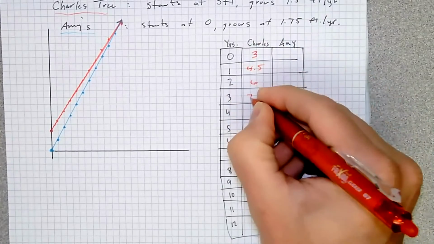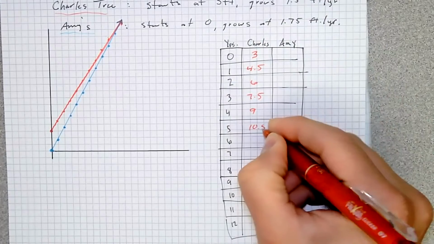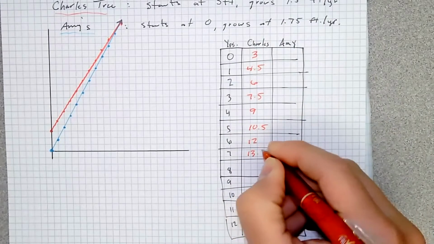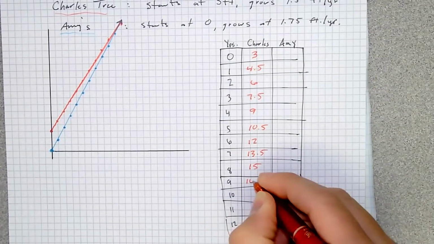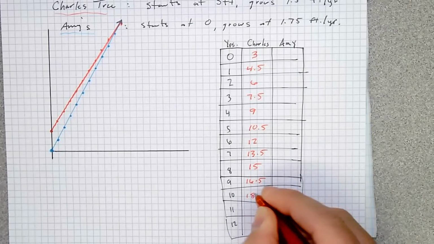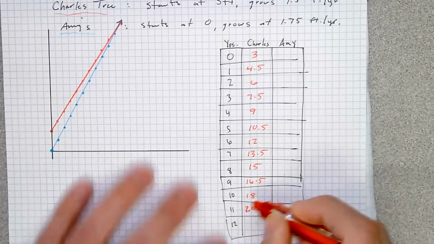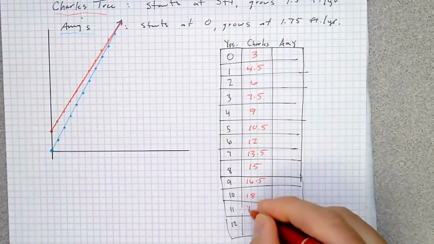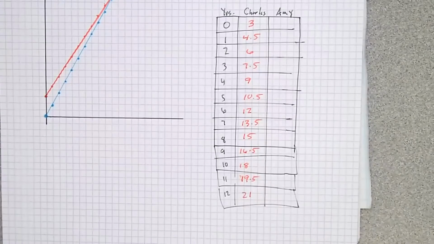Then we get 6, 7.5. Then we get 9, 10.5, 12, 13.5, 15, 16.5, 18, 19.5, 21 in year 12.